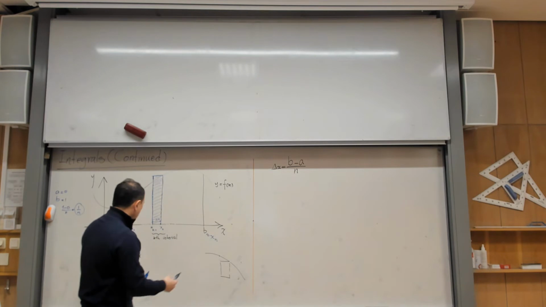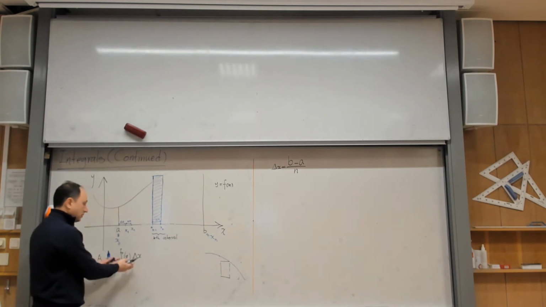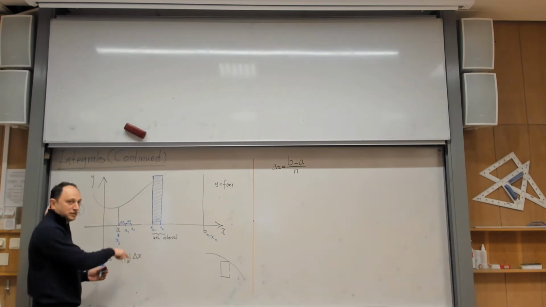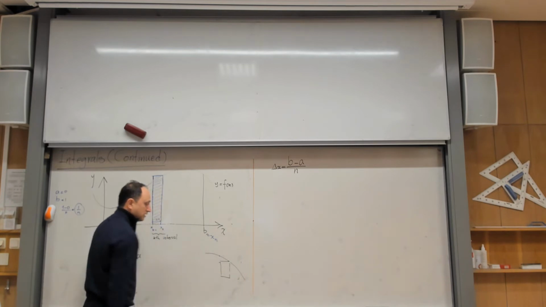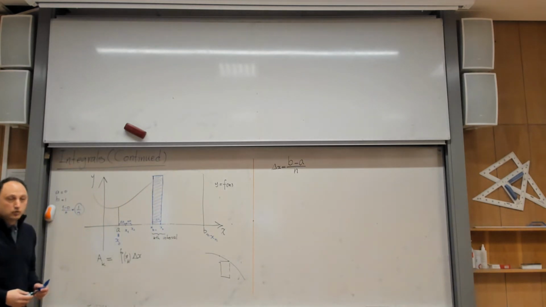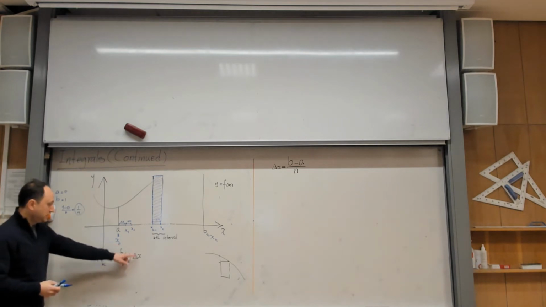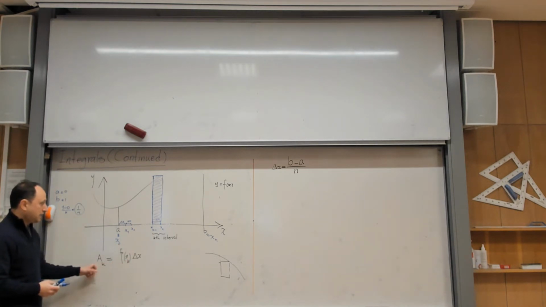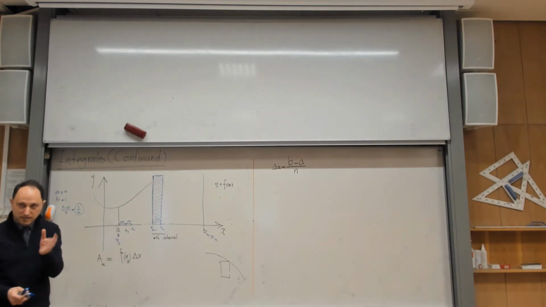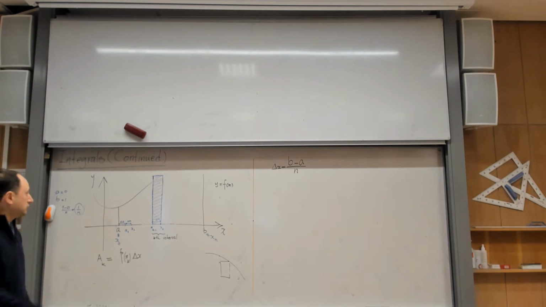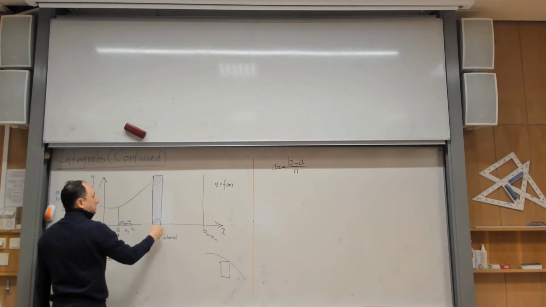And then I will tell you, if you do this with the bigger rectangles, the sum that you get is called an upper sum. It's not mentioned in the book, but these are the terminologies. If I use these rectangles, the sum will be called a lower sum. Okay. I will come to that later. But what I have written here is exact as far as I am concerned about the area of this rectangle, which of course is not exactly the area that I want to calculate, because this part of this rectangle is outside the area that I want.